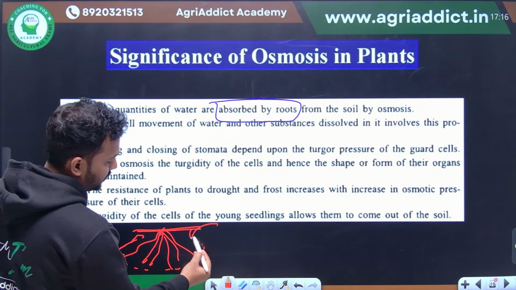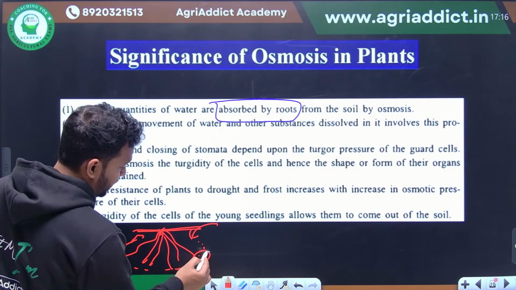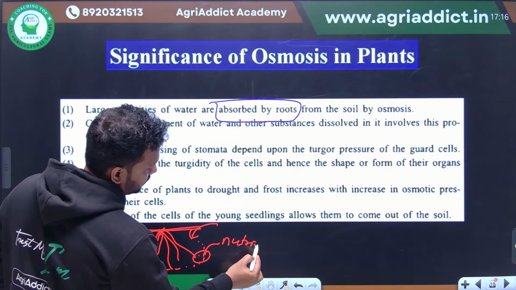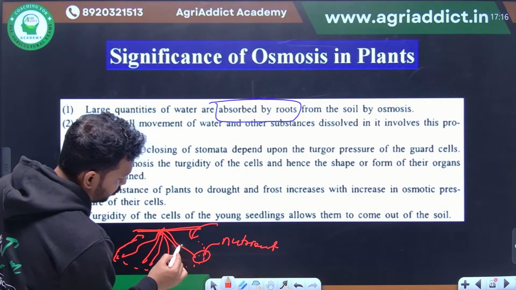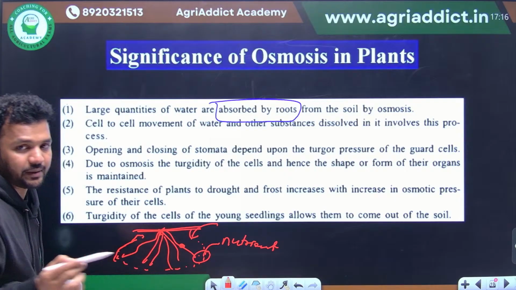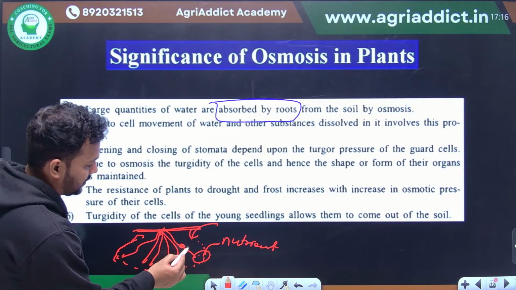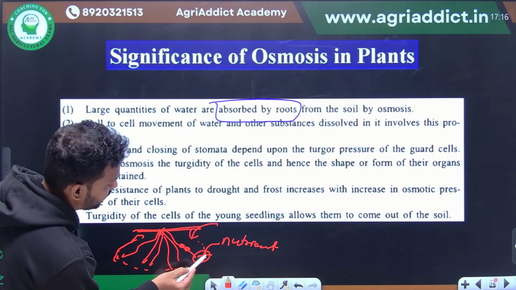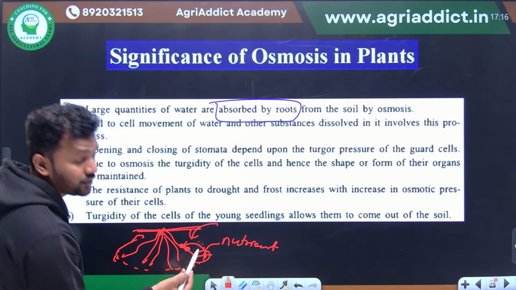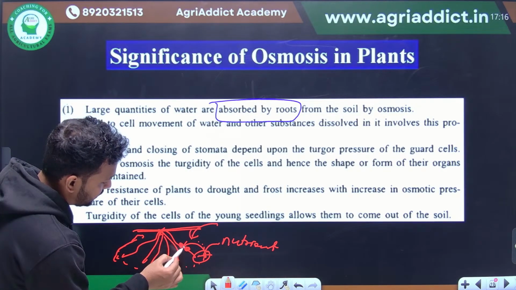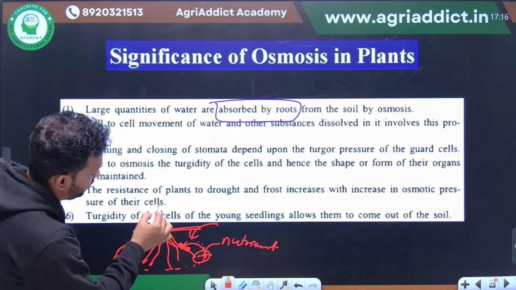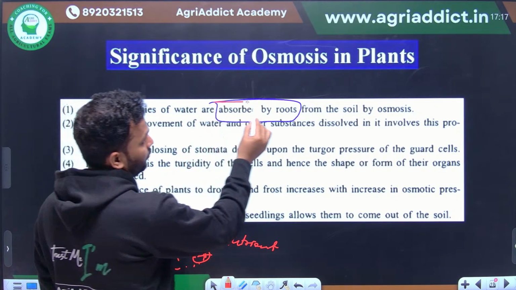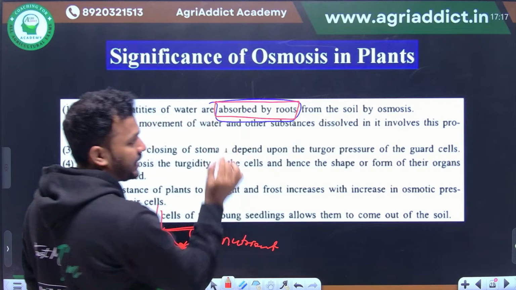Generally water is in the soil, so water will be here, and here the nutrients are dissolved. So the root cells become hypertonic, or high in solute concentration. That's why the water from the soil moves into the root cell, and then it will move upward in the plant. So in water absorption by roots, osmosis helps.